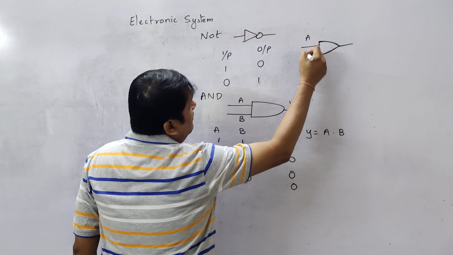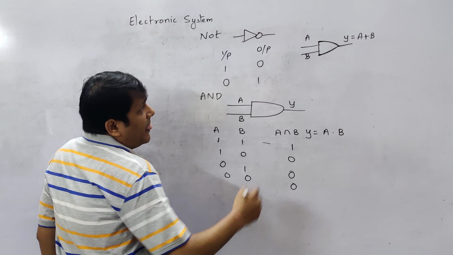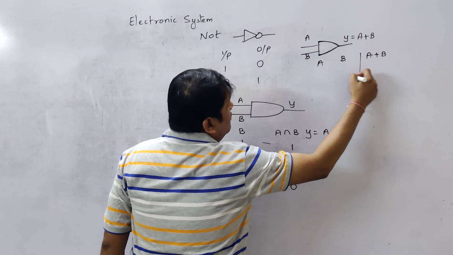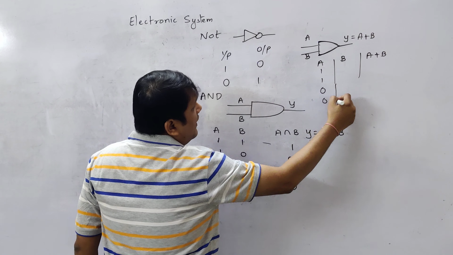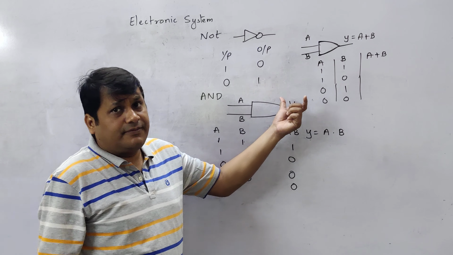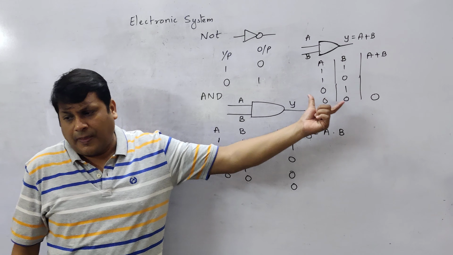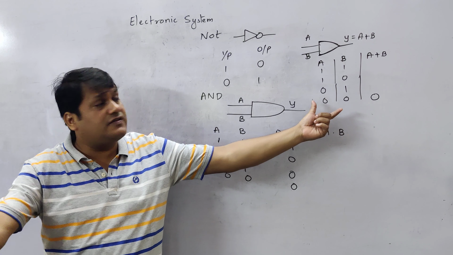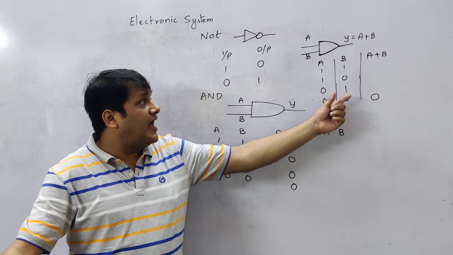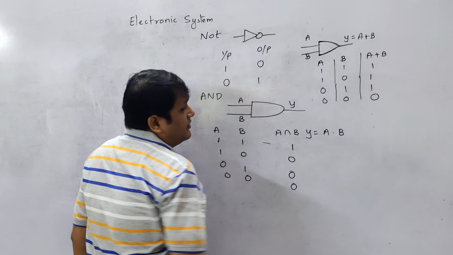So again you have input A, B, and there is an output which is called A plus B. Again A, B is your input, A plus B is your output, 1, 1, 0, 0, 1, 0, 1, 0. In your OR gate, if both the inputs are 0, your output is 0. And for all other inputs, the output is 1.